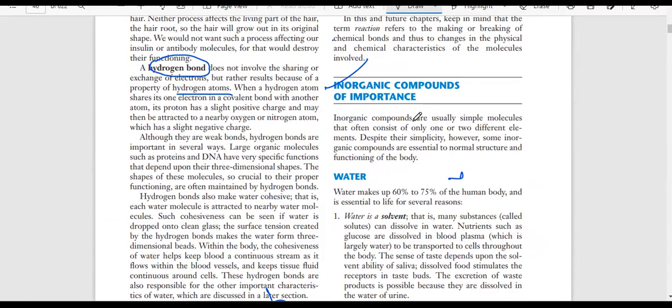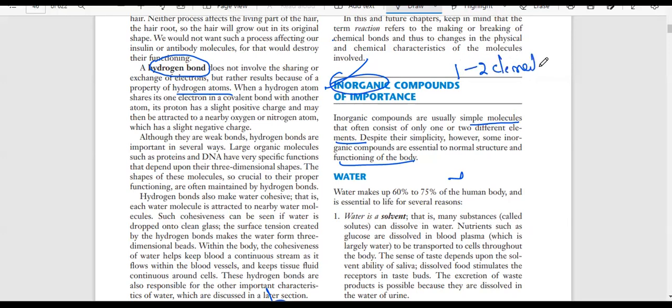Inorganic compounds are usually simple molecules, often consisting of only one or two different elements. Despite the simplicity, some inorganic compounds are essential to the normal structure and function of the body. Basically, inorganic compounds are made up of one or two elements.